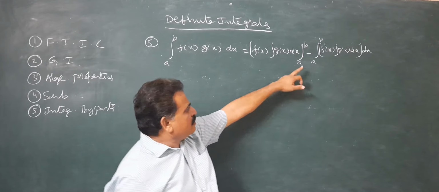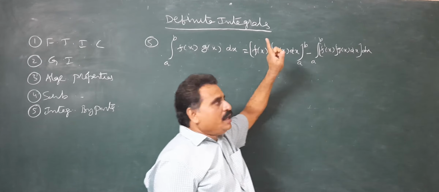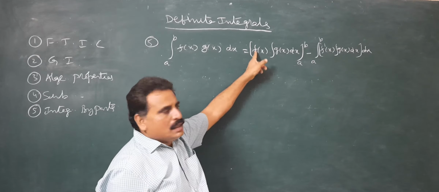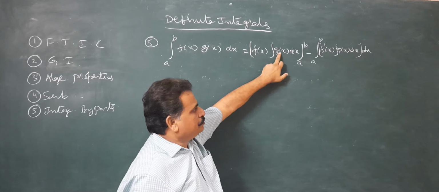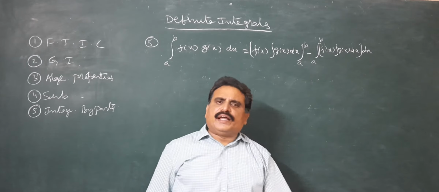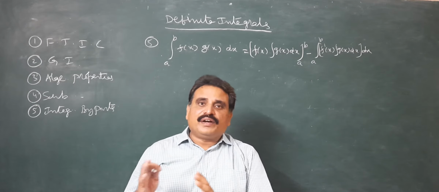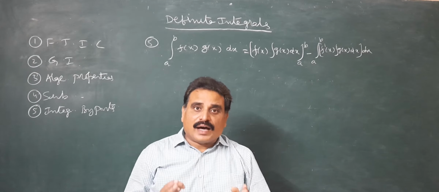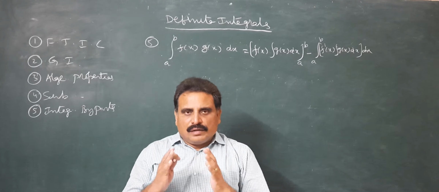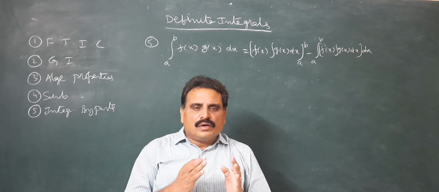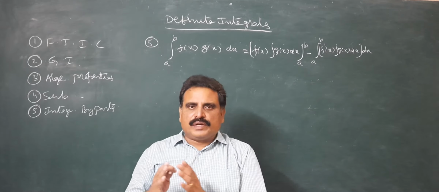Next, minus the integral from a to b of the derivative of the first function times the integration of the second function, dx. Which one is first and which one is second, we learn in indefinite integral by using the word ILATE. According to ILATE, we can choose which one is f(x) and which one is g(x).